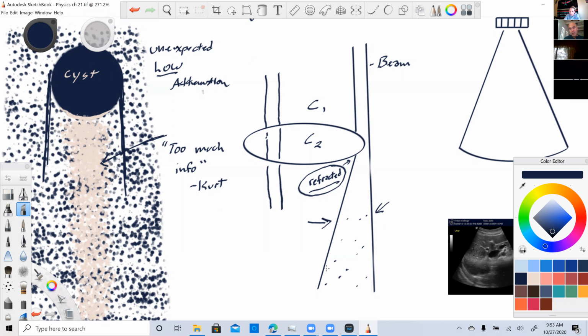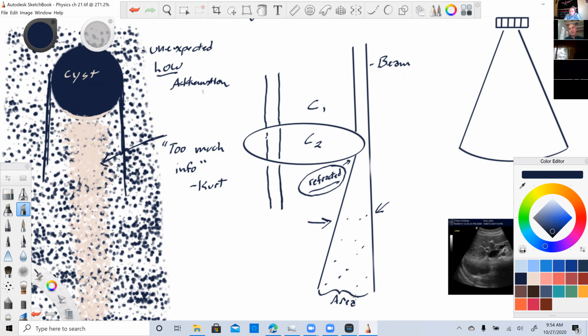So our area has increased. Intensity of the beam cannot stay the same if it's widening out. And so instead of the beam staying relatively narrow and laser-like, it spreads out.